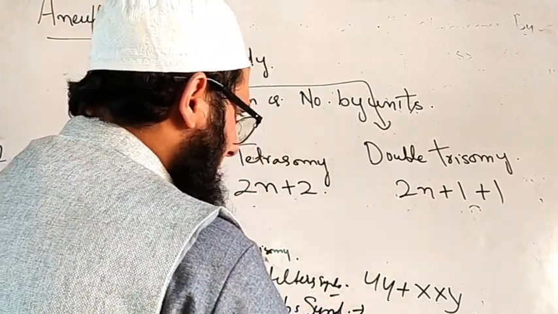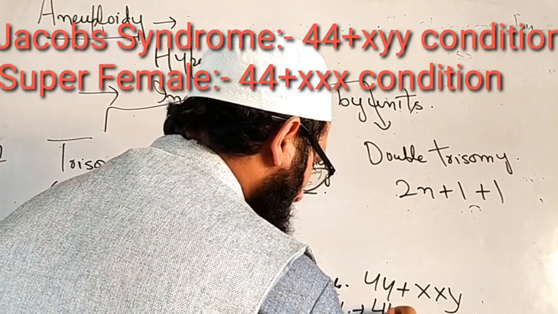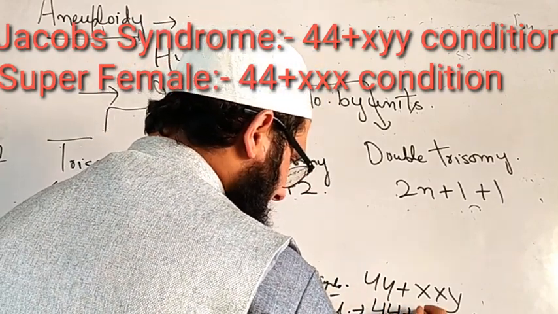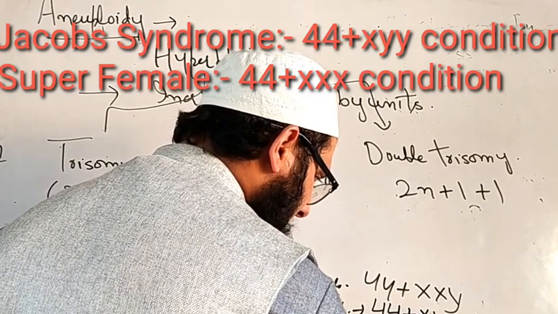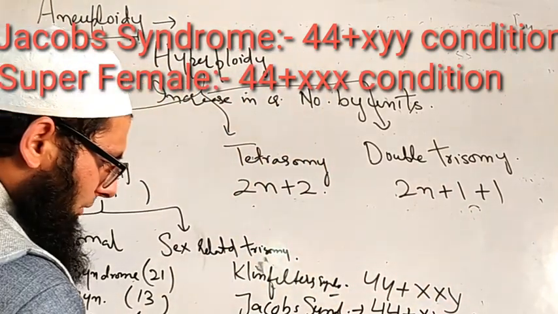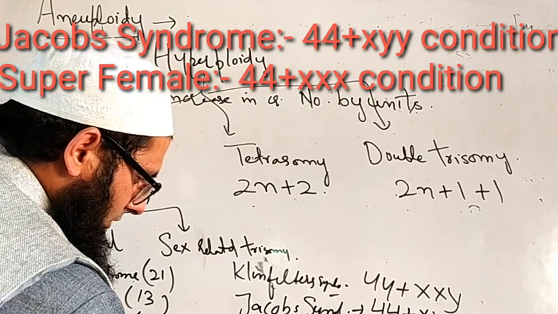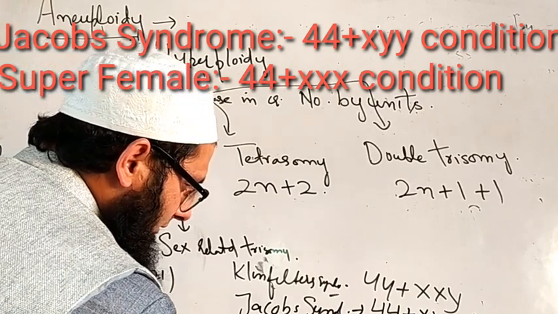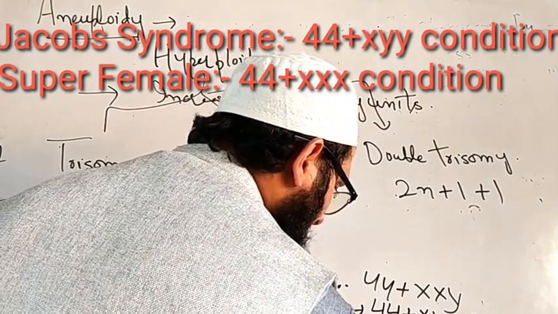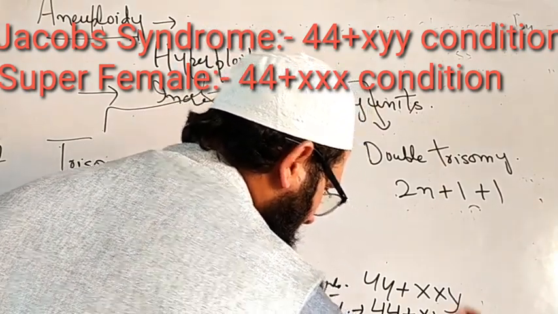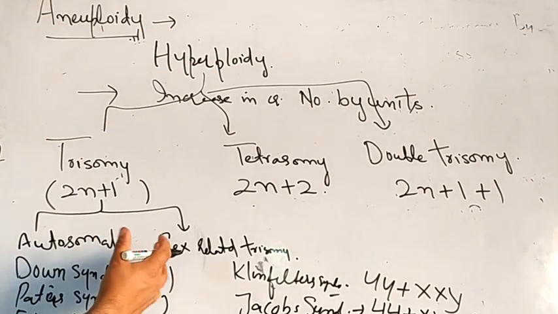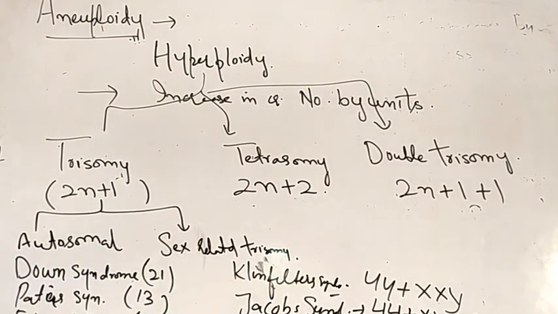In this Jacob syndrome, the condition is 44 plus XYY. Or we can have super female, where we have got the triple X condition, 44 plus XXX. So this is an example of sex related trisomy.